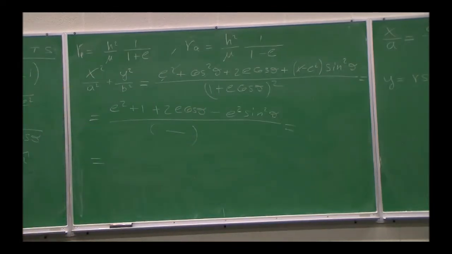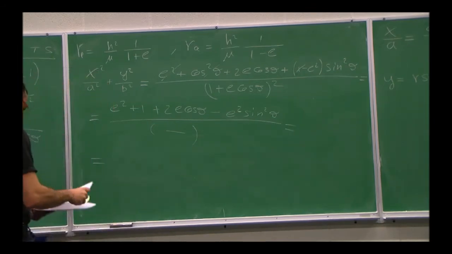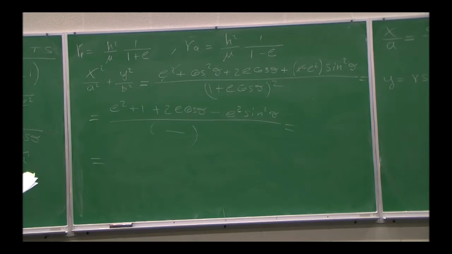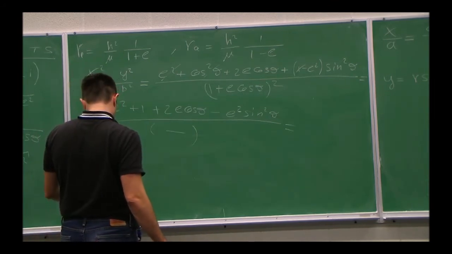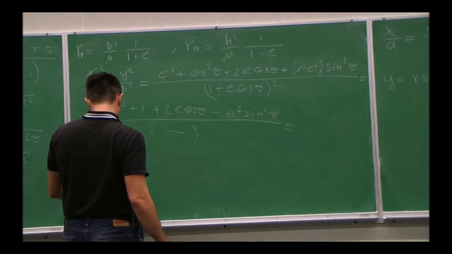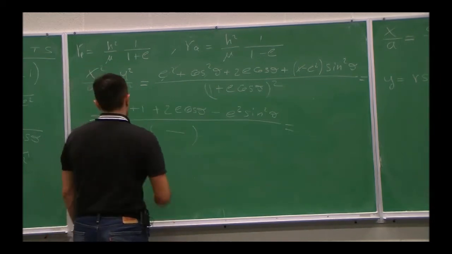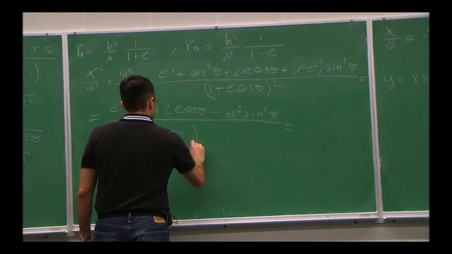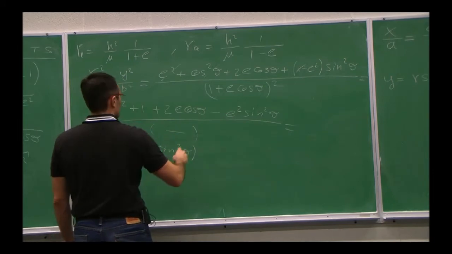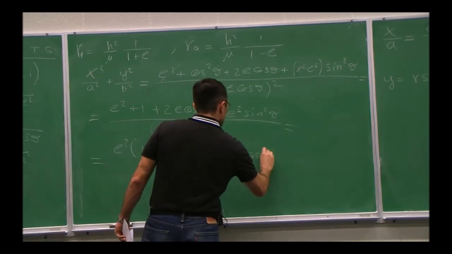Do I like that? I don't know. Yeah, I think I do. That's what I have. Yeah, collect e squared. Okay. E squared times (1 minus sine squared of theta). I'm collecting e squared here. Plus 1 plus 2e cosine of theta.